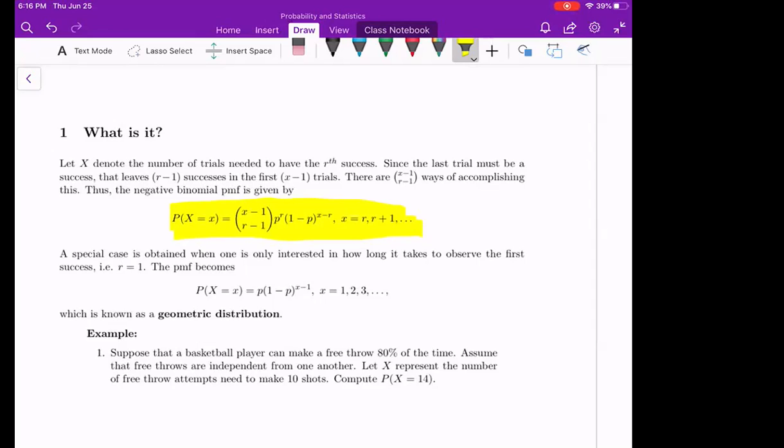So for that reason, you're choosing r minus 1 from the x minus 1, because that last one, that x value, is your final success. So that's why the combination term looks potentially unusual. It's because it ignores the very last observation, the xth one, because that is definitely a success.